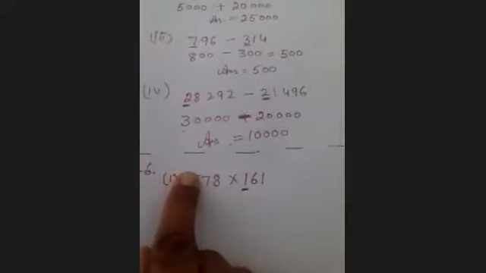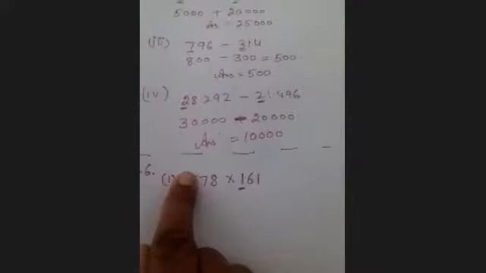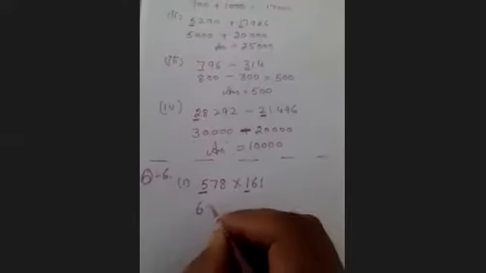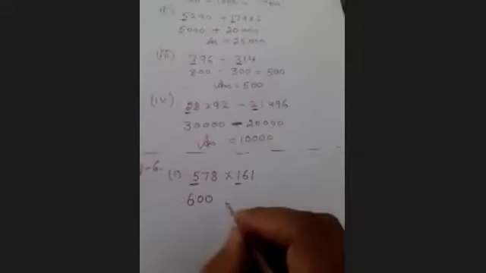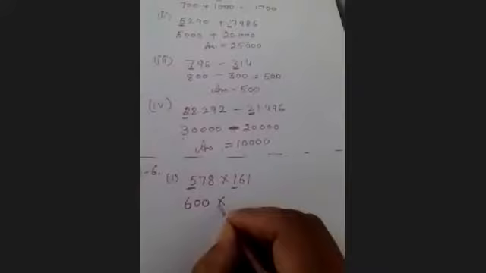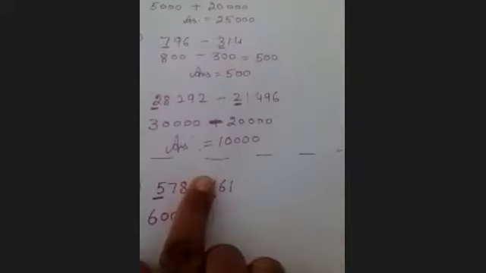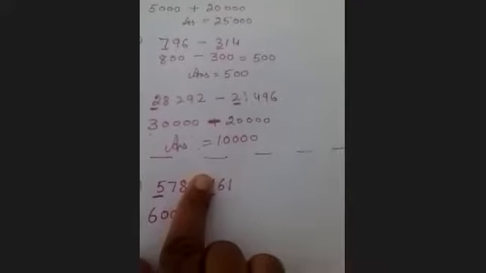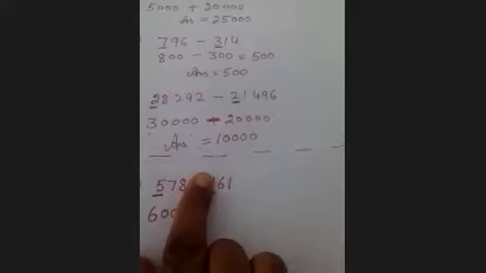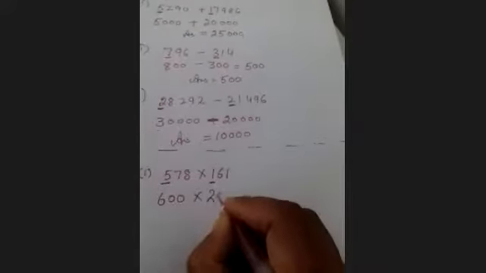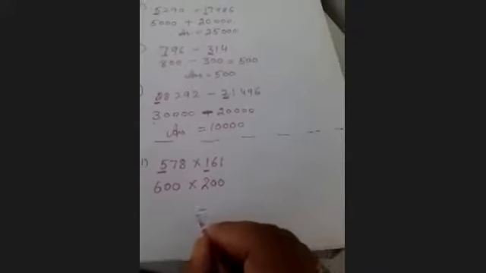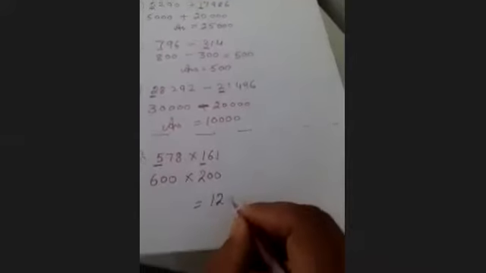Put your finger on 5 and observe the next number. Next number is 7, so the nearest value will be 600. Put your finger on 1 and observe the next number. Next number is 6, so the nearest value will be 200. Now multiply. 6 twos are 12.